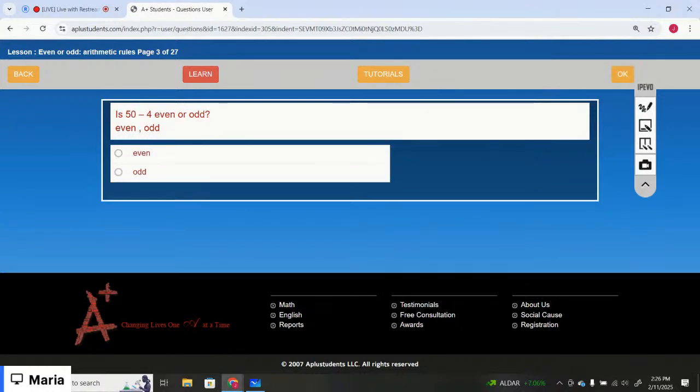Is 50 minus 4 even or odd? Fifty minus 4, you are subtracting two even numbers.